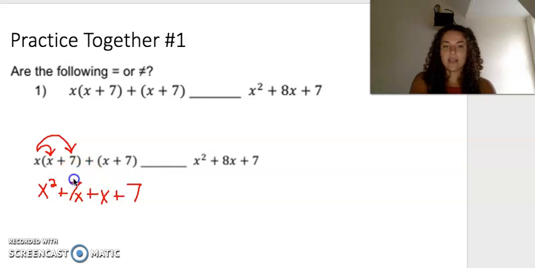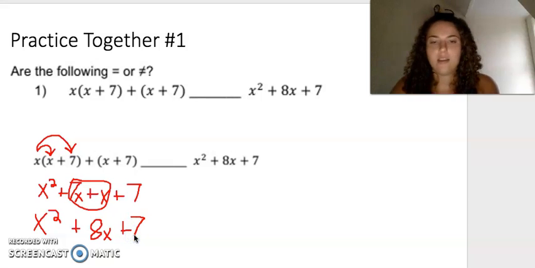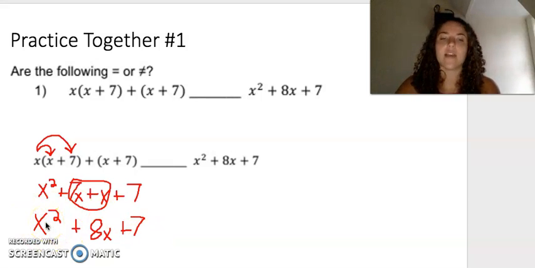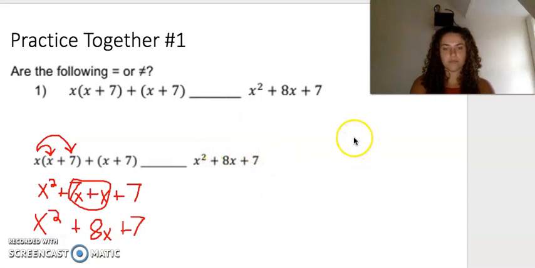So we can actually combine these 2 terms, and now our expression on this side looks like x squared plus 7x plus, technically 1x would be 8x plus 7. And here on the left we have x squared plus 8x plus 7, and that's the same thing as the right side, which is x squared plus 8x plus 7. So are the following equal or not equal? They are equal to each other.